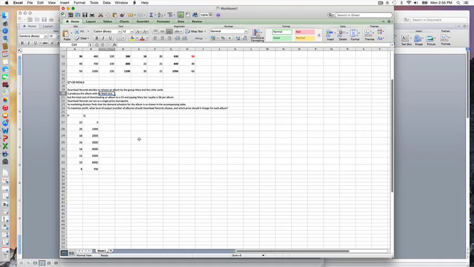Okay, so let's see. Marginal revenue. To be able to calculate marginal revenue, we have to calculate total revenue. Total revenue is price times quantity. So let's do that. Price times quantity. That's my total revenue. Then marginal revenue: change in total revenue divided by change in output.